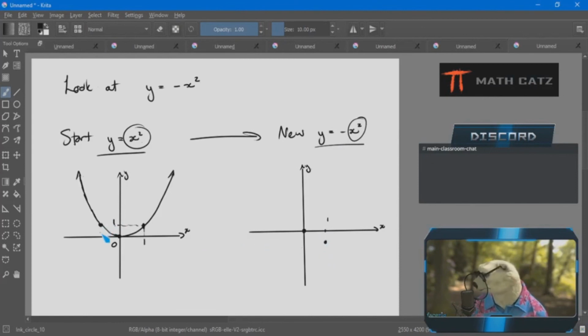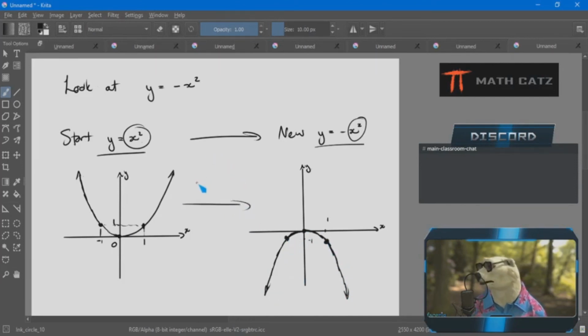And over here, when I plug in negative 1, I get the same right-hand side, but then I multiply that by negative 1. So the y value size is the same, it's just negative. So my parabola is going to be pointing down in some wobbly way. So bad at drawing. There you go.